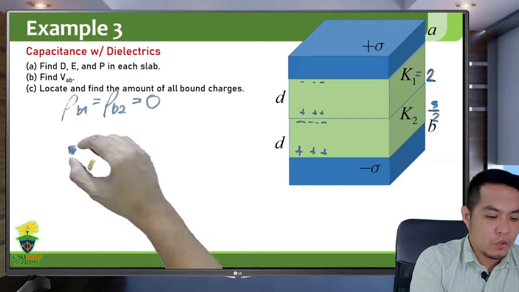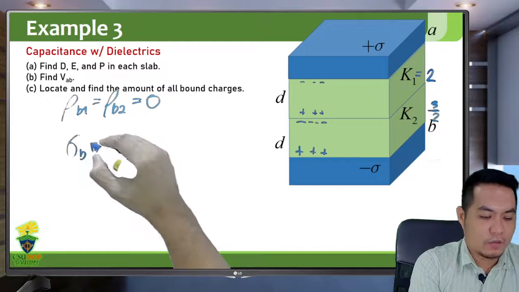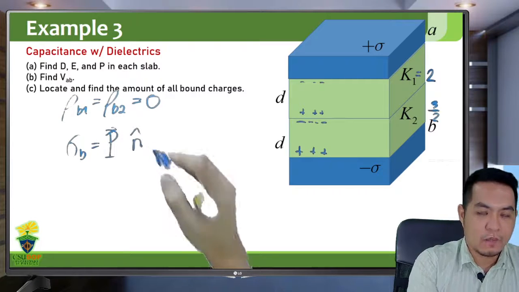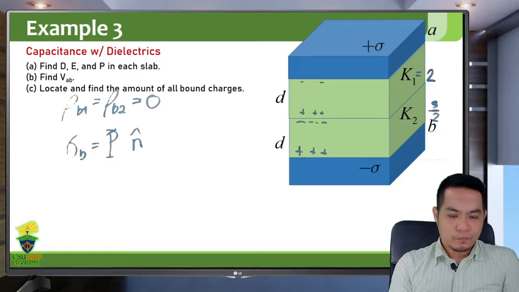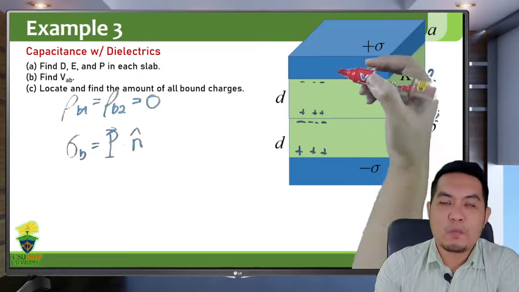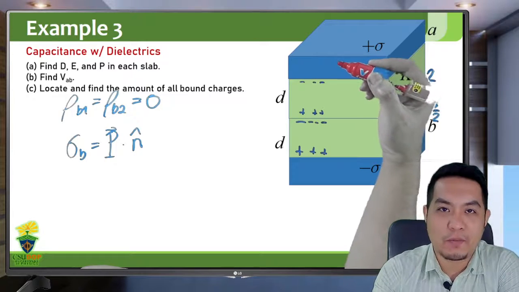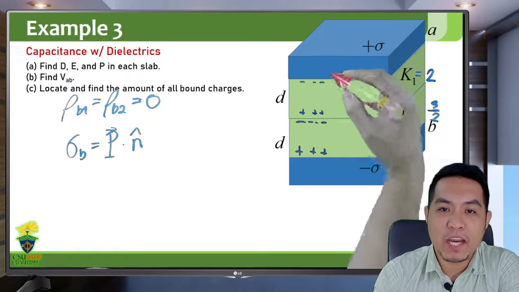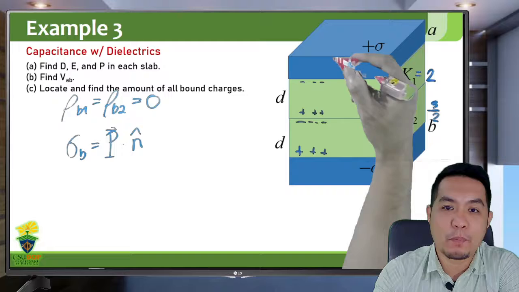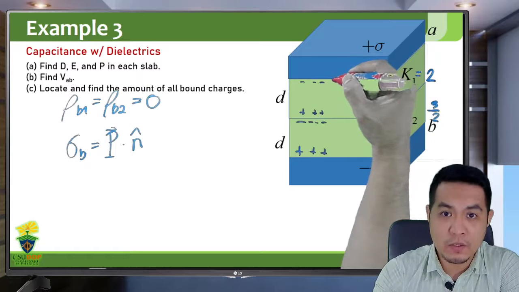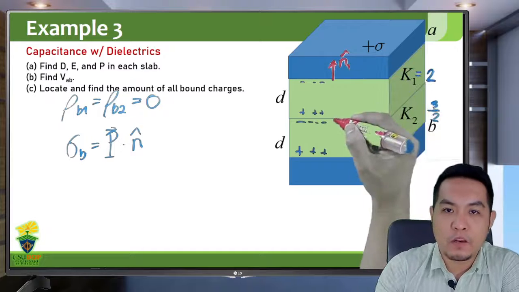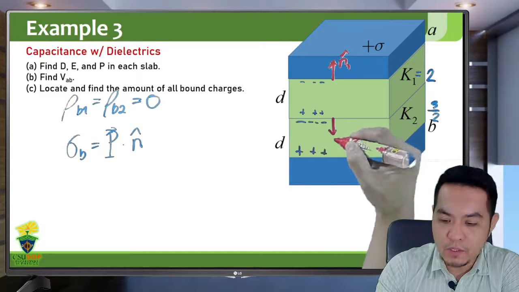To solve for the bound charges, sigma b, you just dot the polarization with n hat. You must consider this very carefully, the direction of n hat. For example, dielectric number 1 will have two surfaces, the upper and the lower surface. For the upper surface, this is the direction of n1 hat. For the lower surface, this is the direction of n1 hat.